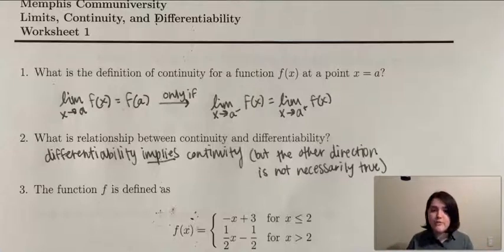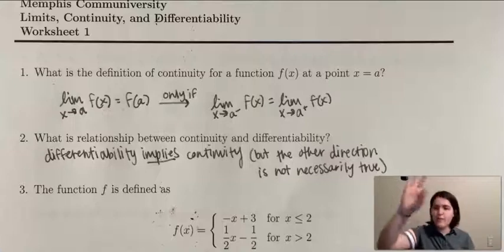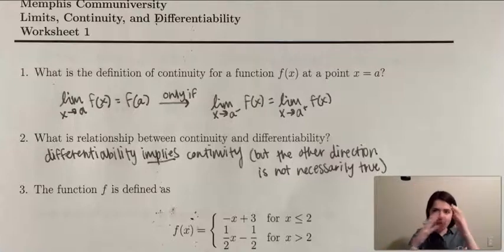So there's no slope for absolute values, but there is a point there, and when you're drawing it, you never lift up your pencil. So that point would be continuous, but since it's a sharp point, you can't take the derivative and there's no slope, which means it's not differentiable. So a function can be continuous and not be differentiable, but if the function is differentiable, then it is continuous. So differentiability implies continuity.